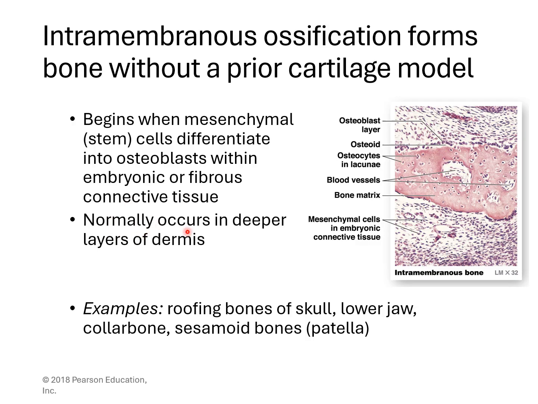It's going to normally occur in the deeper layers of the dermis, which is great because this is below the skin. This is where, if you're building bone, you want them to form. So the bones of the skull, lower jaw, collarbone, and then those sesamoid bones like the patella. This is the way these bones, or flat bones, are going to form.